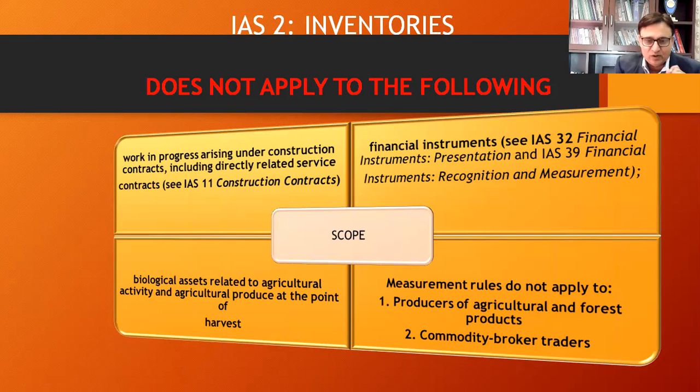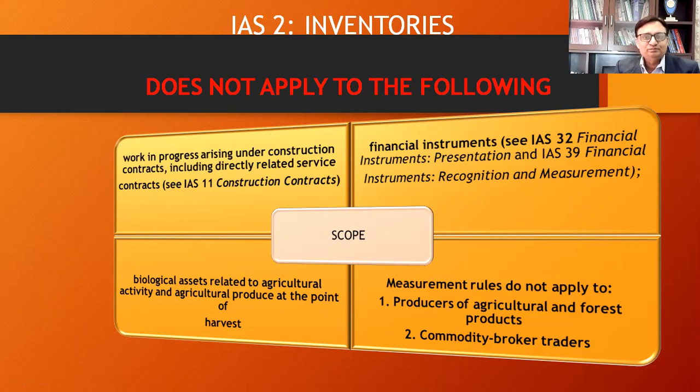For example, let's talk one by one. First is work in progress arising under construction contracts, including directly related services. Now, for the purpose of construction contracts, we have IAS 11 that is related with the construction contract. So here the provisions of IAS 2 will not be applicable.